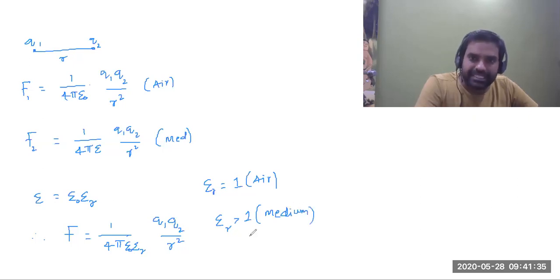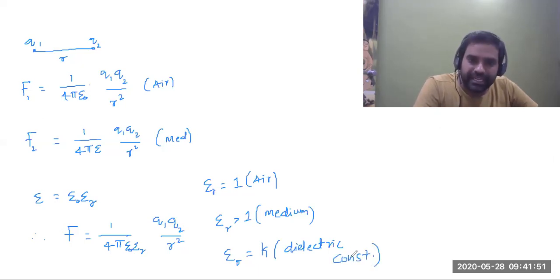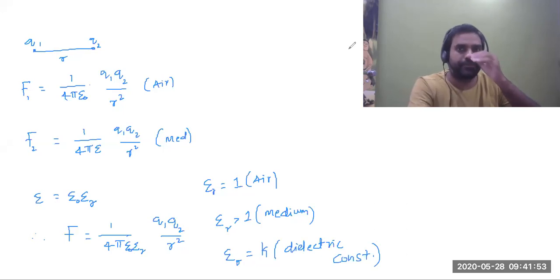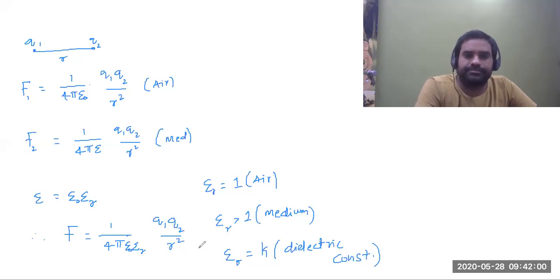In capacitors, the same epsilon R is represented with the letter K, and it is also said to be dielectric constant. Students, while solving problems, if you are given the dielectric constant, it simply indicates that it is the relative permittivity.